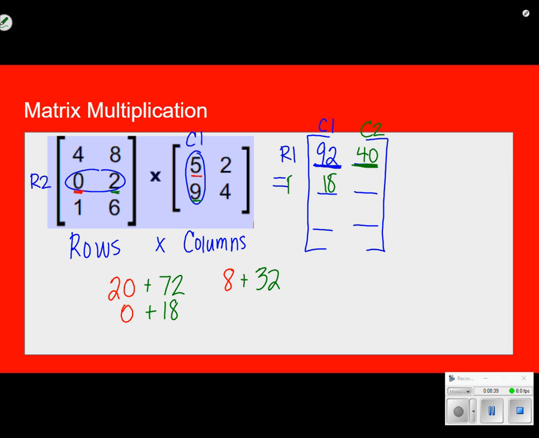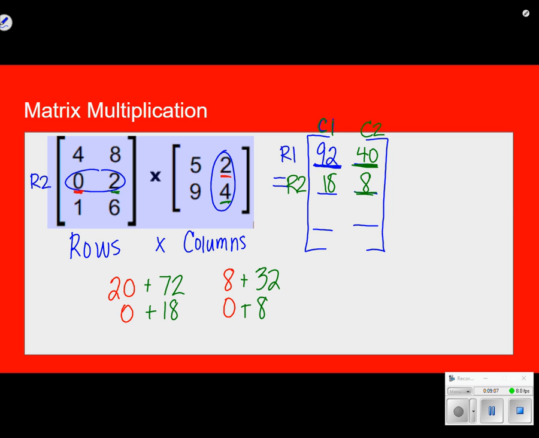That goes in row 2, column 1, 18. All right, now we're going to switch from column 1 to column 2. I've got 0 times 2, which is 0. And then 2 times 4, which is 8. 0 plus 8 is 8. That goes in row 2, column 2.